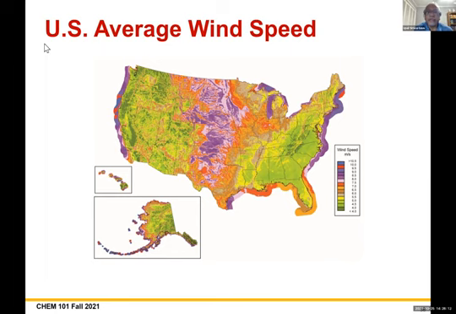So Texas has a lot of potential for harnessing energy from wind. Louisiana doesn't have that much of a wind corridor to produce a lot of electricity.